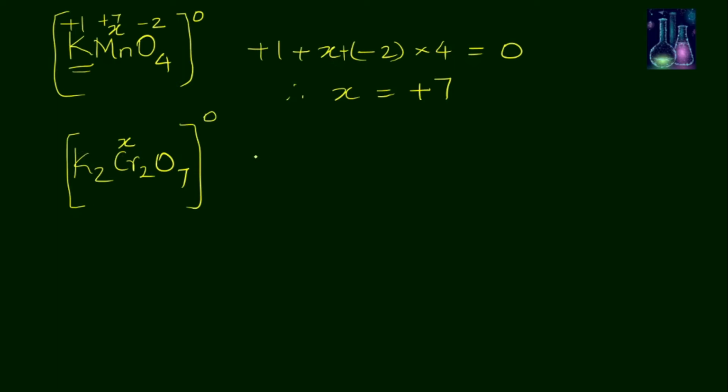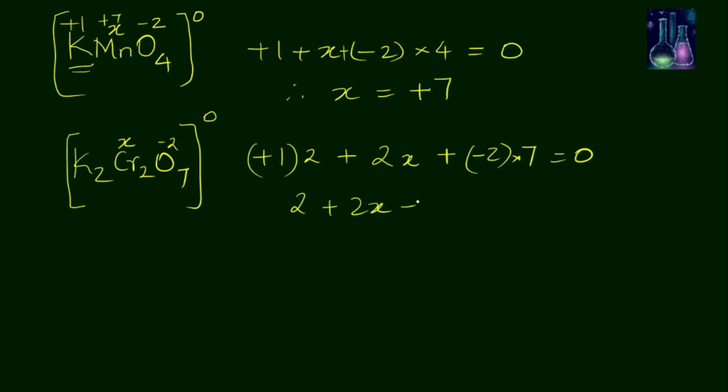Potassium is a group 1 member, +1 into 2, plus 2 into x, plus 7 oxygens, each -2, so -2 into 7, equals 0. So 2 plus 2x minus 14 equals 0, and therefore x is +6. That's the oxidation state of chromium. Each chromium is +6.